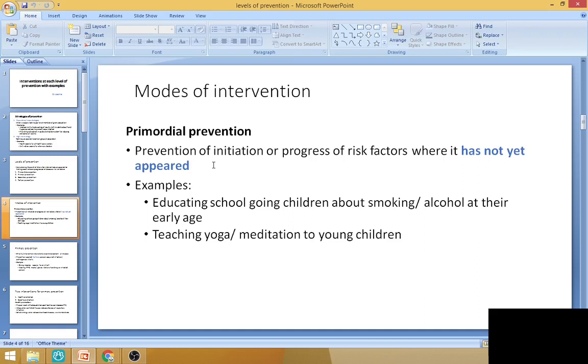Even hypertension increases. So if from a very young age we teach them yoga and meditation, then this kind of prevention which we apply at this stage we call primordial prevention. If we apply it at such a young age, then the incidence of such diseases will decrease. So that is why it is known as primordial prevention.